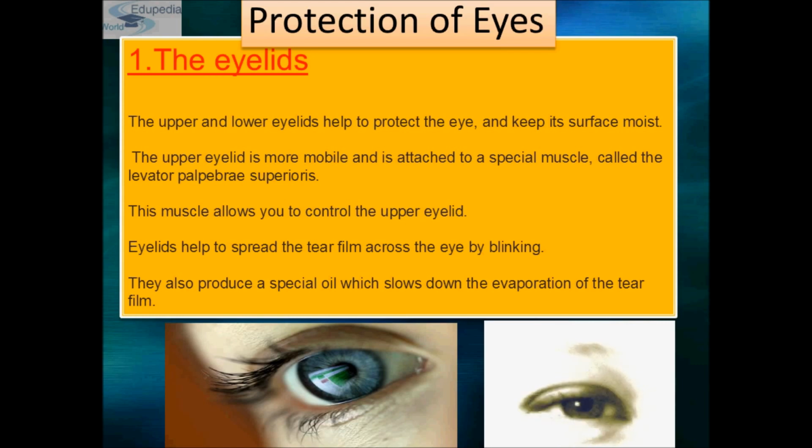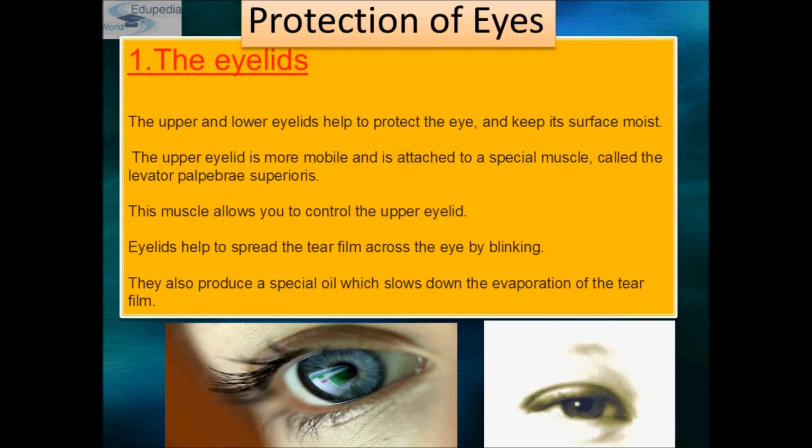So eyelids are a very thin fold. As you can see, this is your eyelid, a thin fold of skin that covers and protects the human eye. And this levator palpebrae superioris muscle retracts the eyelid to open the eye.